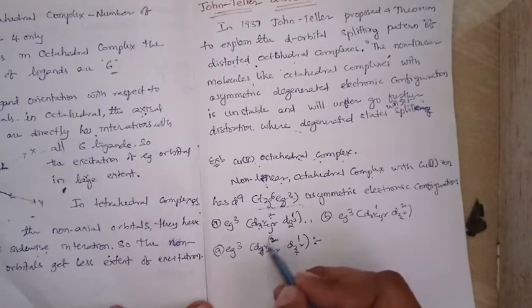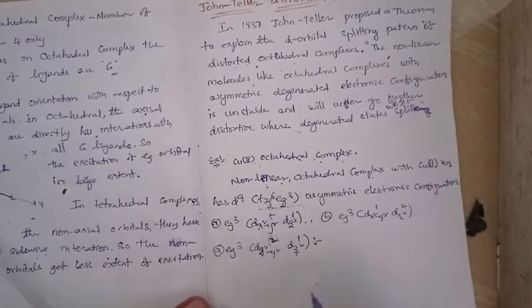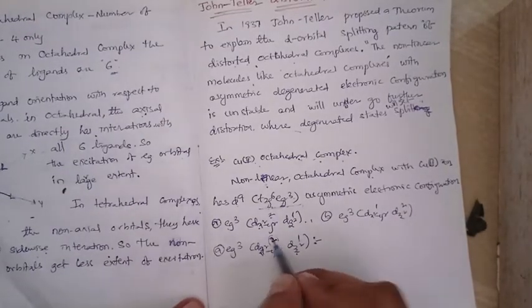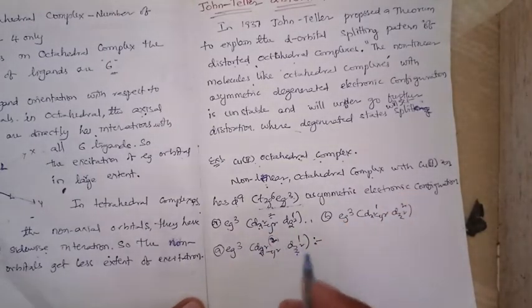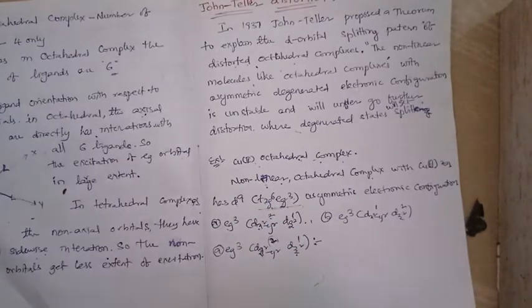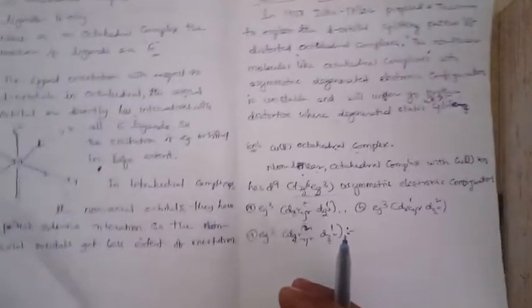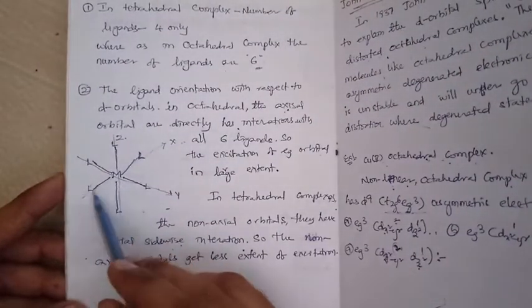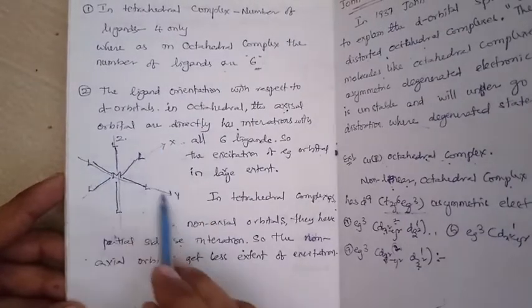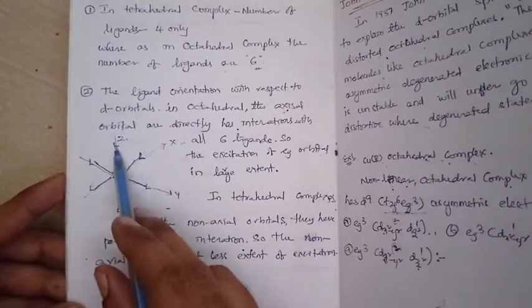In octahedral, we know that the ligands approach axially. Along the x-axis, two ligands; along the y-axis, two ligands; along the z-axis, two ligands.